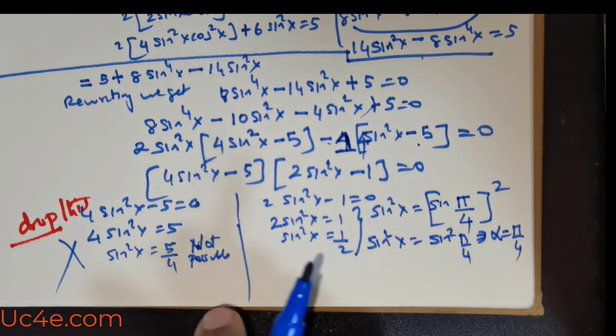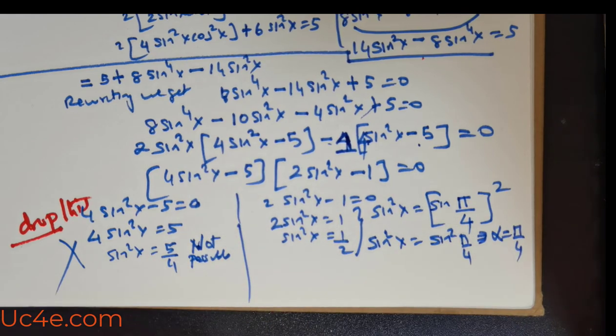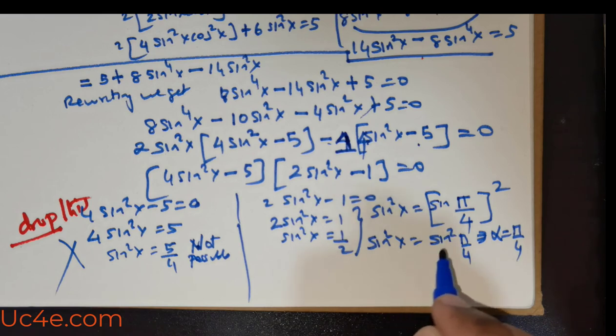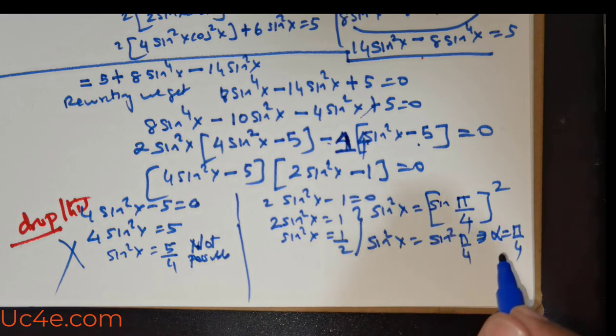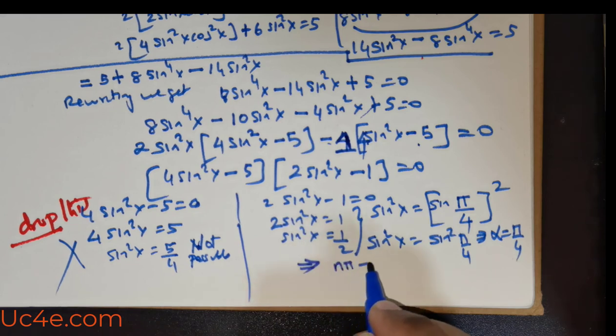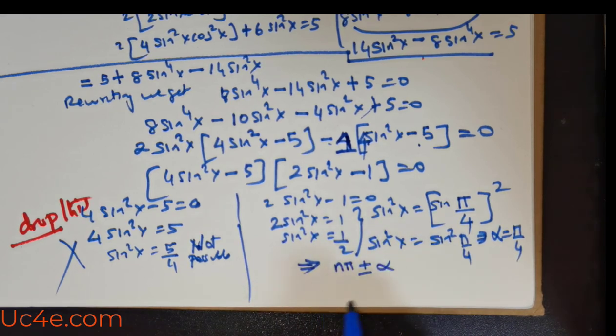If you remember our previous discussion in obtaining the solution, this is the way we actually explained in the process of extracting alpha. So that would mean the solution is going to be of the form n pi plus or minus alpha. This is the general solution that we have obtained.